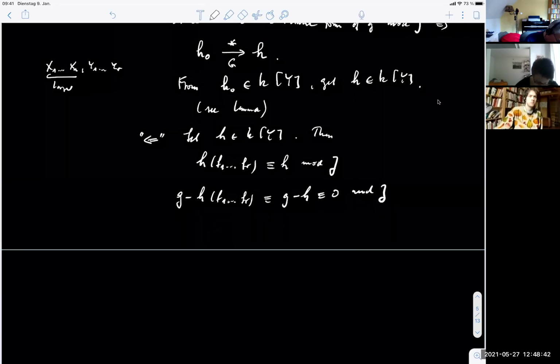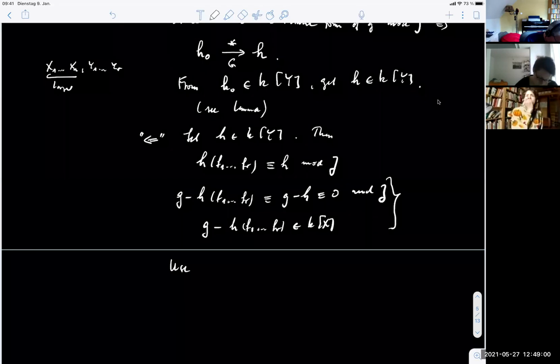Okay. On the other hand, I know this is a polynomial only in the x variables. Okay, there is no y here. Now I use J intersected with k[x] equals 0. I think we had this last time.